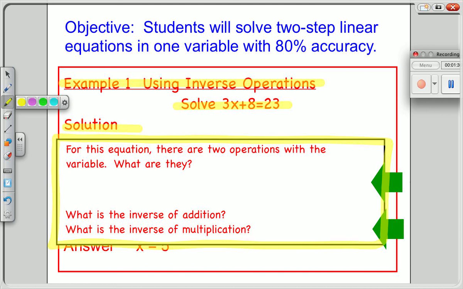I do want you to write it, but I don't want you to write it where it is, under the solution. I don't want it there. You can write it off to the side here or something. So over here off to the side, you can write what operations are in the equation.